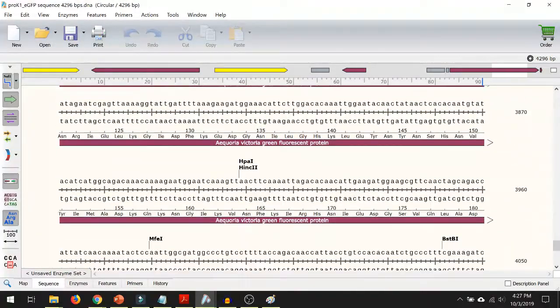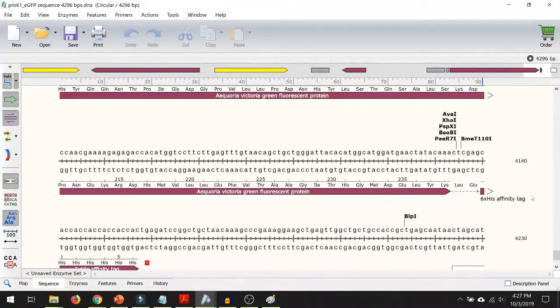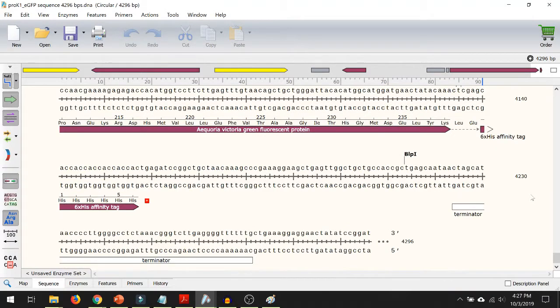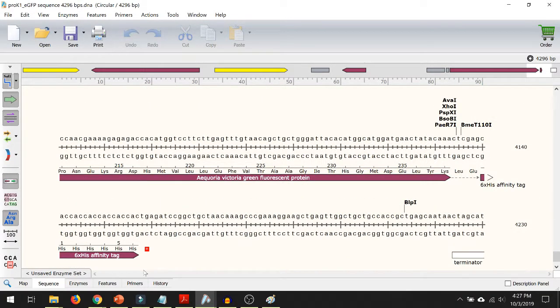Now, when you want to end your gene, you're going to have a stop codon. Here you can see it by a little star. Generally, that indicates the stop codon. So again, generally, you're going to use a stop codon. I think it's 3. Oh gosh, don't quote me on this.